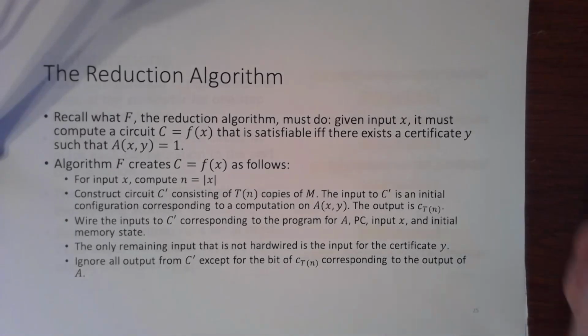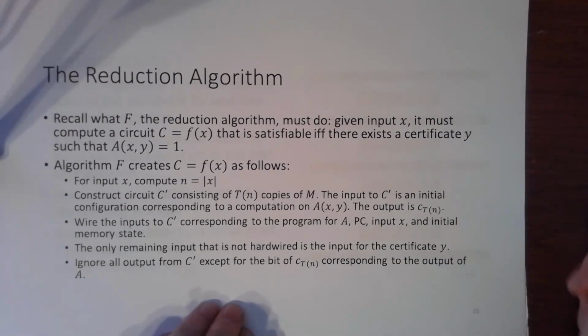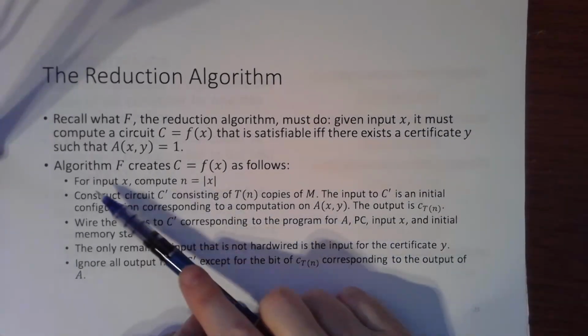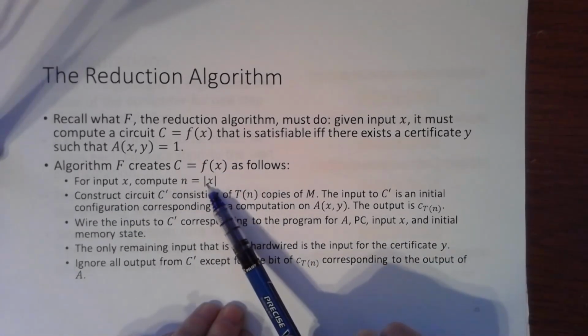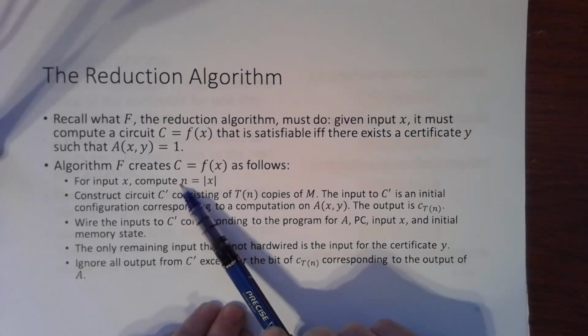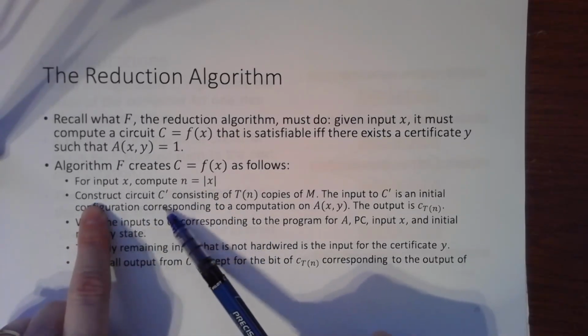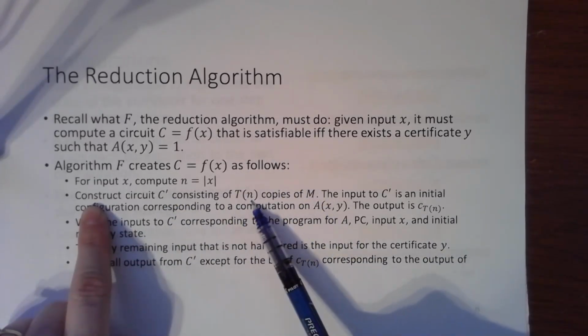So how is this algorithm going to work? Well, it's basically going to do what this picture that we just drew says. For input X, it's going to compute the length of X. That's going to be called N. And then we're going to construct a circuit, we'll call that C prime, that has T of N copies of the machine on which the algorithm is running.